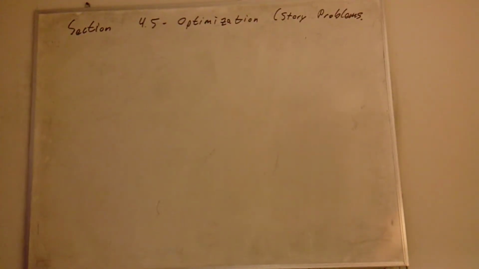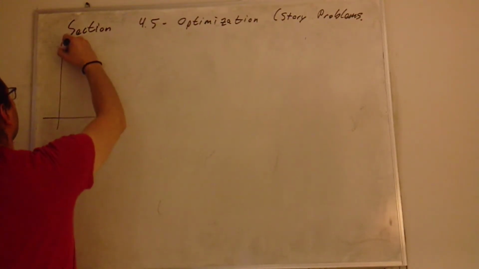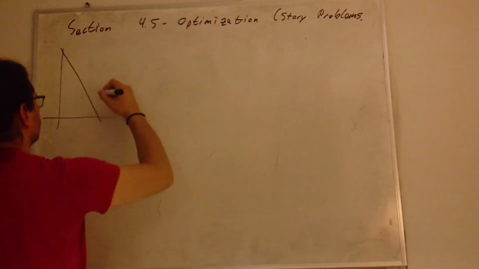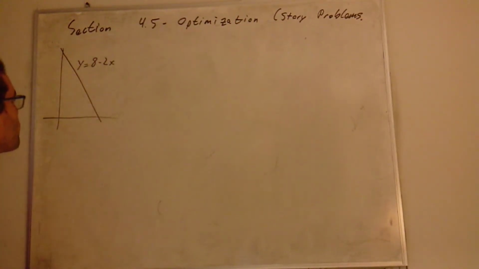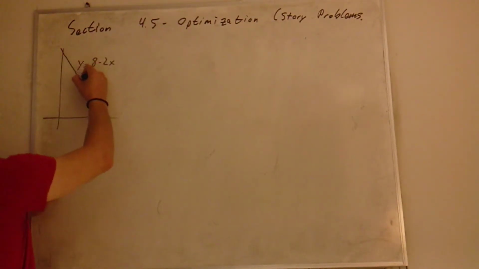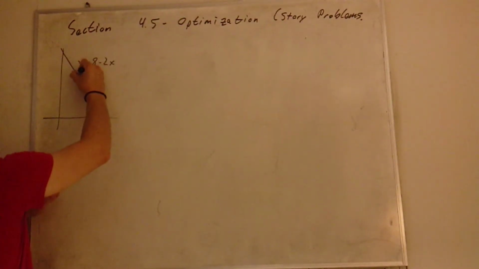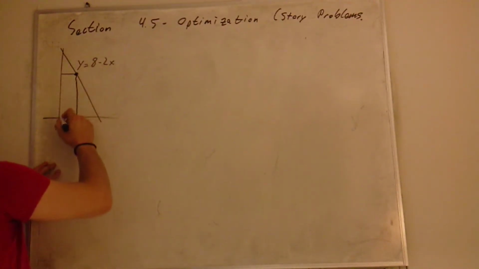Okay, here's the second story problem I want to talk about. This is a graph of the function y equals 8 minus 2x in the first quadrant. I want to pick a point on this graph, and I want to use this point to create a rectangle with the x and y axis.